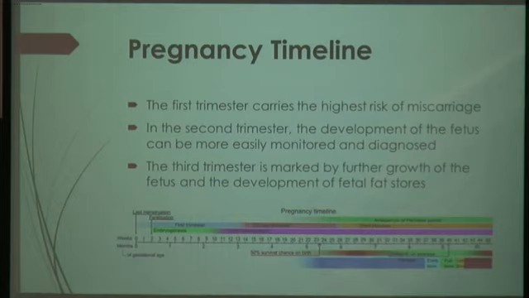The third trimester is marked by further growth of the fetus and fat stores until it is born. If you can tell, at 23 weeks there's a 50% chance of survival for the birth.